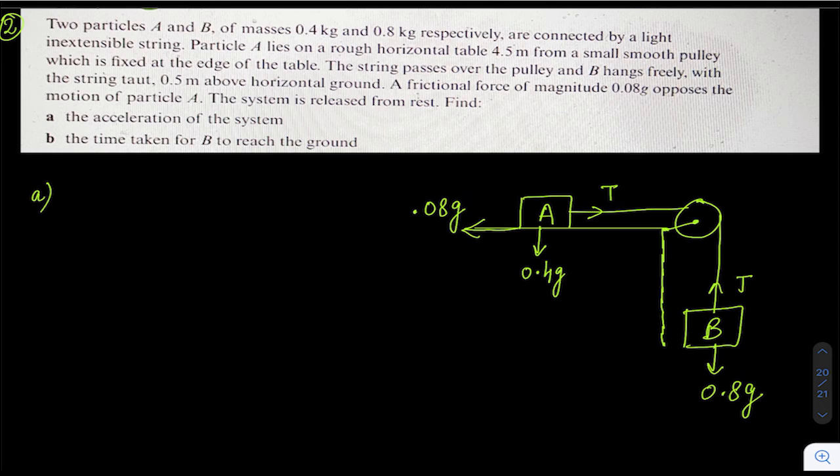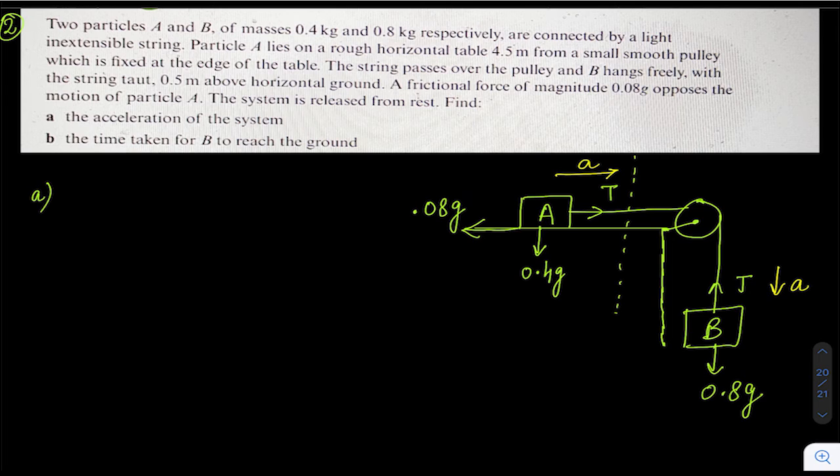So let's analyze both the particles separately. If it moves, we actually don't know whether it will move or not, but if it moves, B will move in the downward direction and A will move in the right direction.